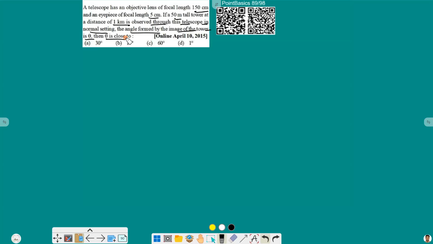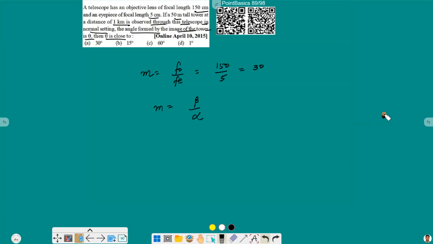Now magnification will be FO by FE, that will be 150 by 5, equal to 30. Now alpha can be calculated with the help of this magnification, because magnification is basically equal to beta by alpha. Now how can alpha be calculated?